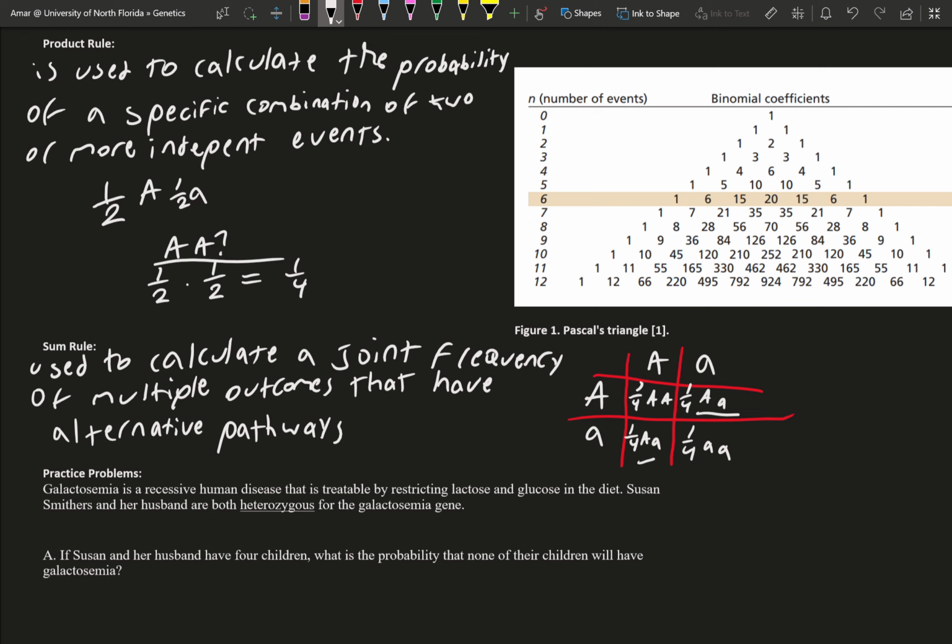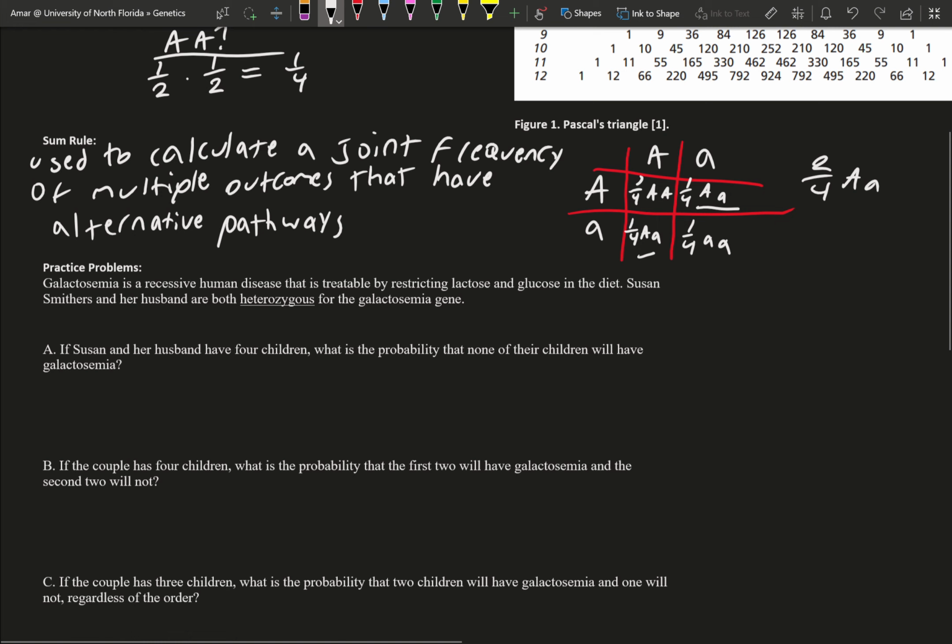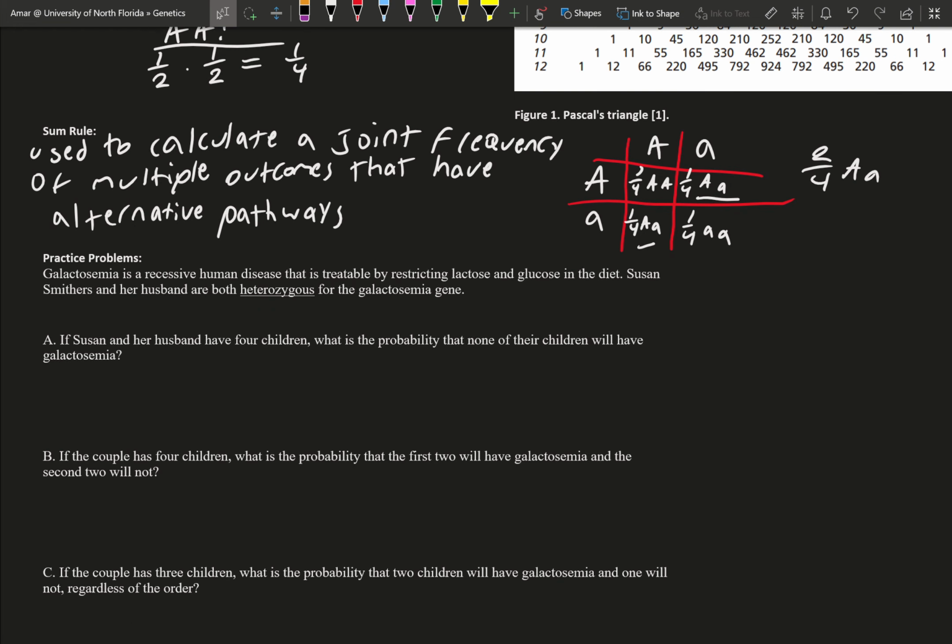So you would add them together and get the actual true frequency of big A, little a, which is just 2/4. Okay? So pretty simple. You're going to use these rules for a majority of genetics problems as well. But here are some practice problems that I've copied and pasted from the textbook, and we can do them together.